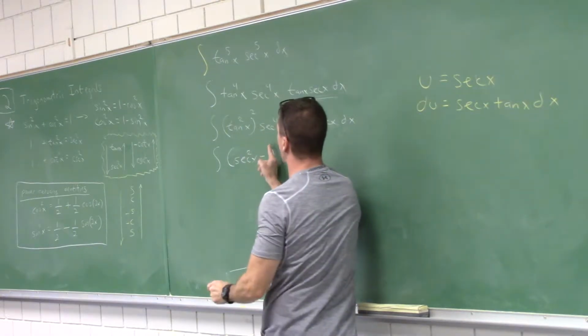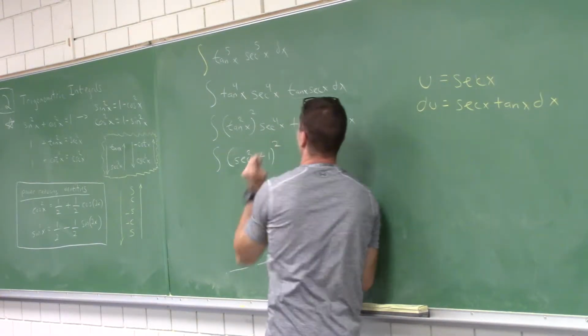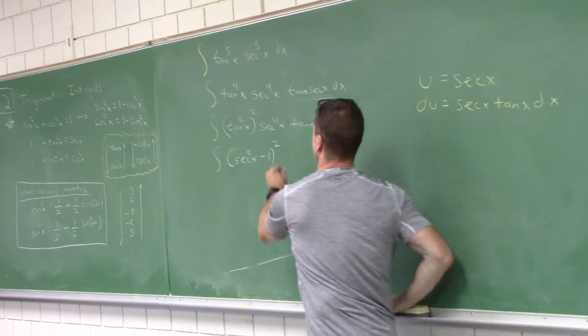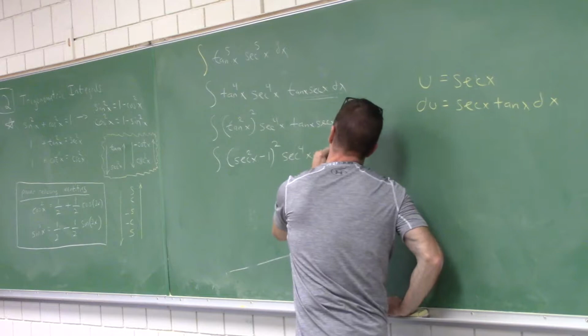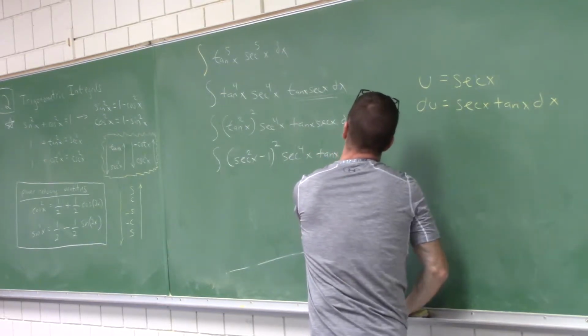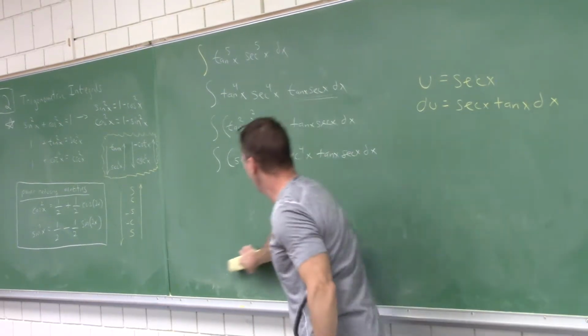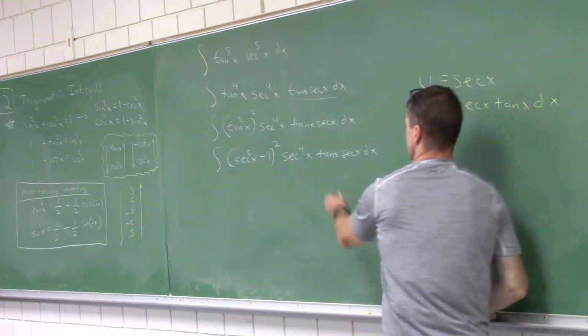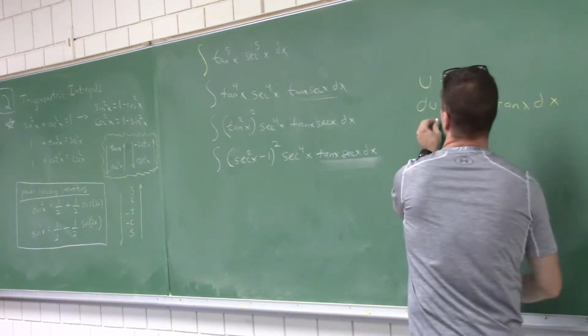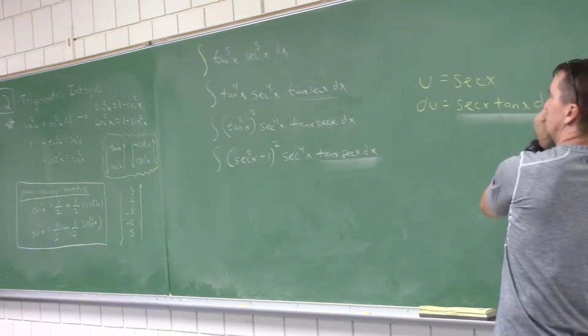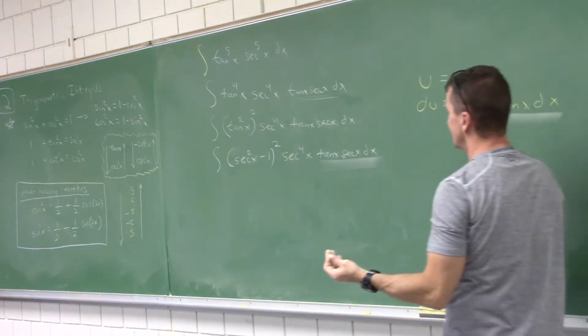This time, this has a what? Alright, this is secant to the fourth, right? Tan x, secant x. There it is. The lonely secant x tan x that we want to use.